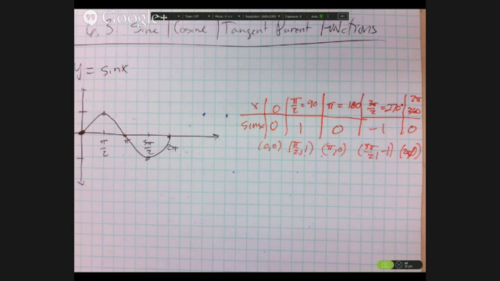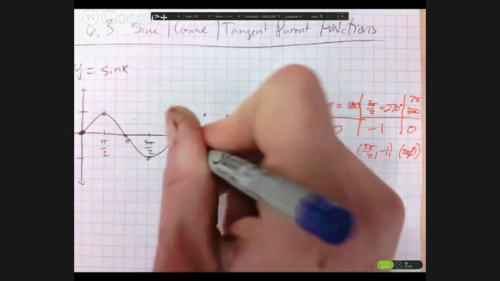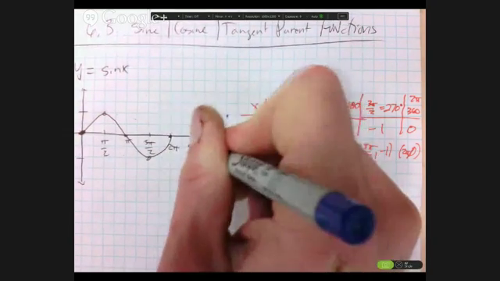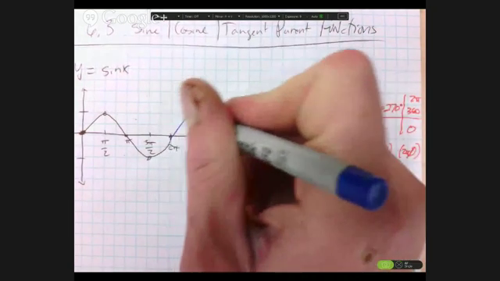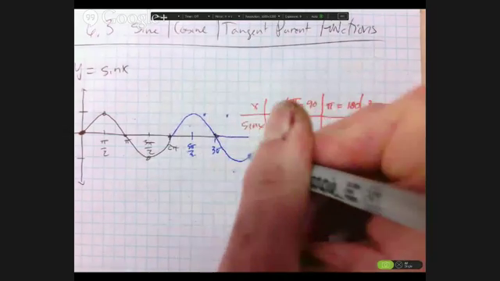All right, so if I were to draw a continuation of that, I would go to 5 pi over 2, 3 pi, and it would do this again. All right.